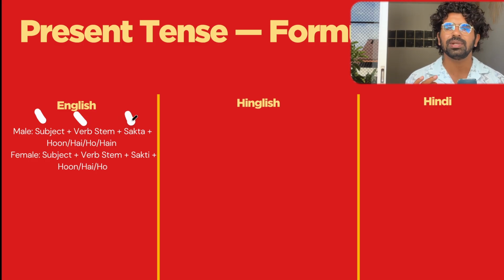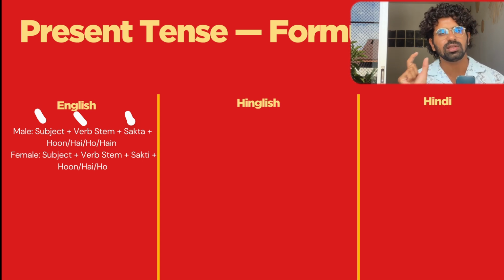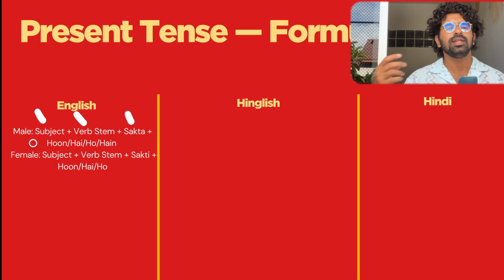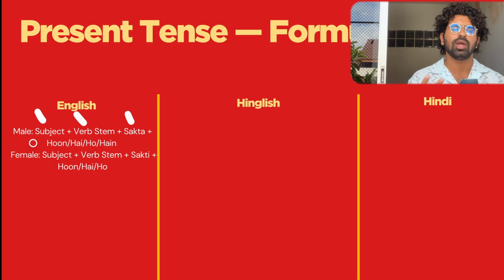Present tense always has ta at the end. Then of course there's the helping verb, be it hoon, hai, ho. That changes according to the pronoun, and you will see it in the sentences we are about to do.